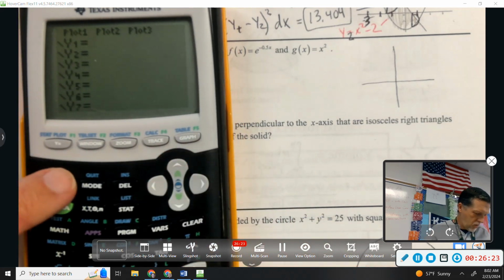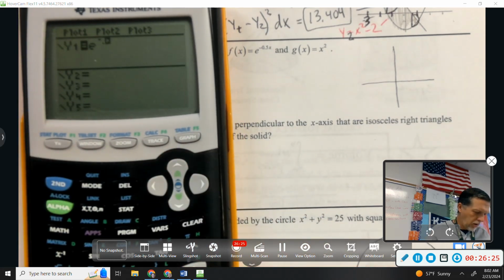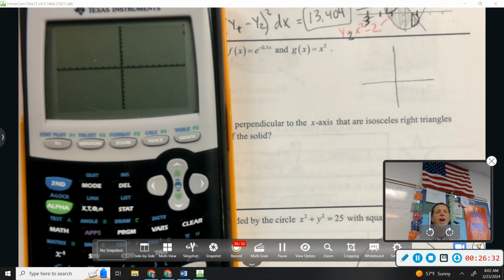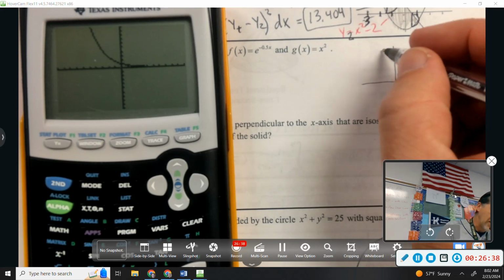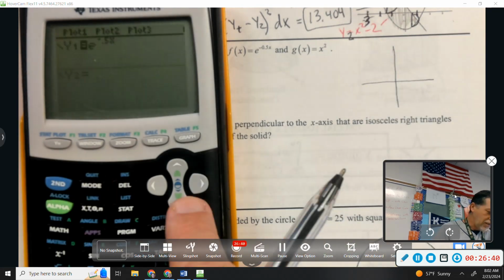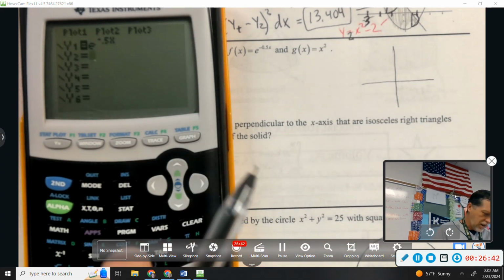So e to the negative 0.5x. You know what? Since I have no idea what that looks like, I'm going to look at that first and then put the parabola on. Okay, I can tell the difference between that and a parabola. Y equals x squared.